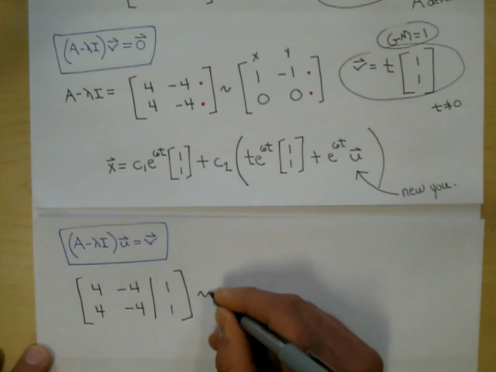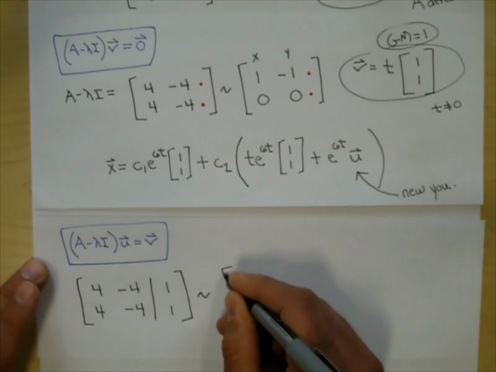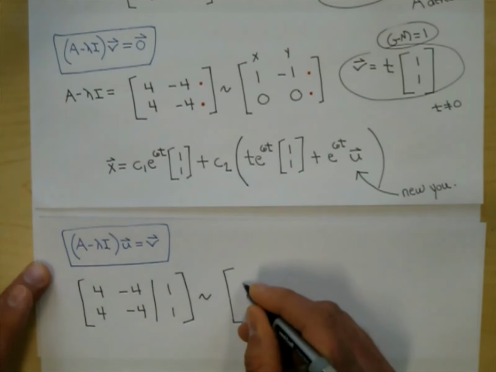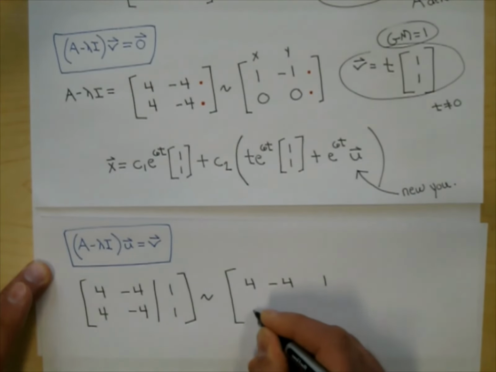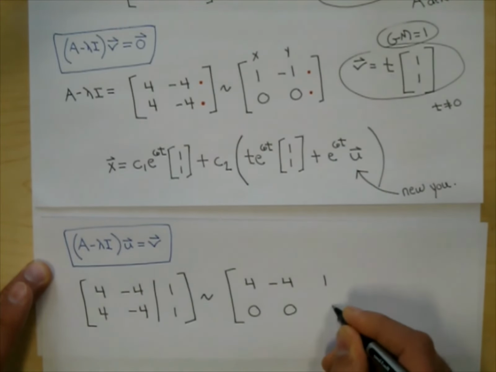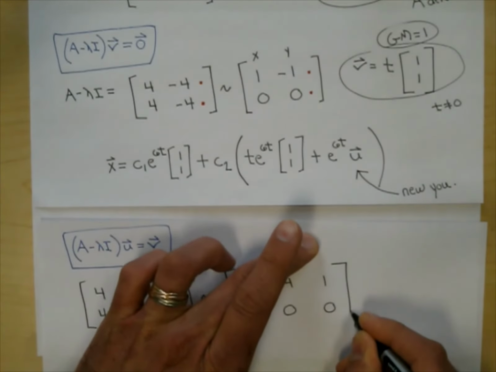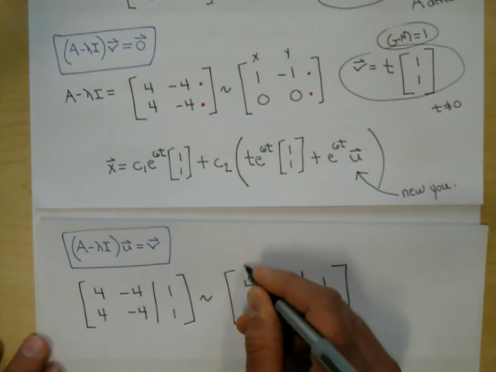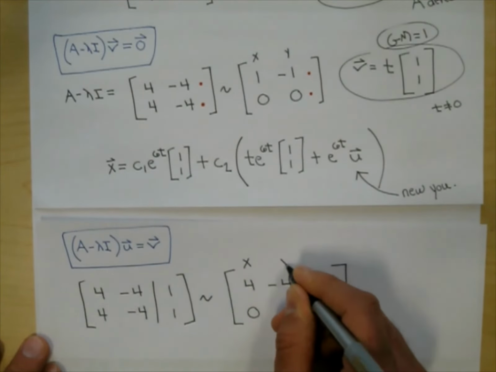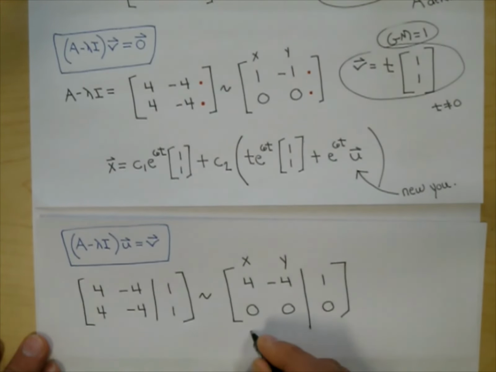So this gets reduced to 4, negative 4, 1, and then a whole row of zeros. And really, I didn't have to write that step, but it's good to write it. Here's x, here's y. Of course, x is bound and y is free.